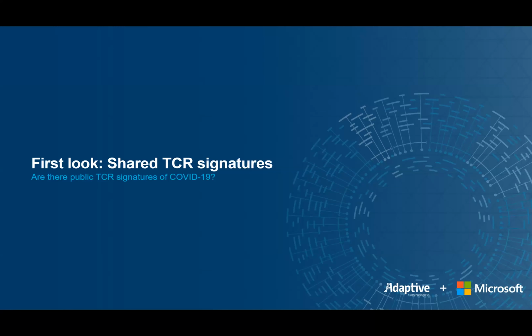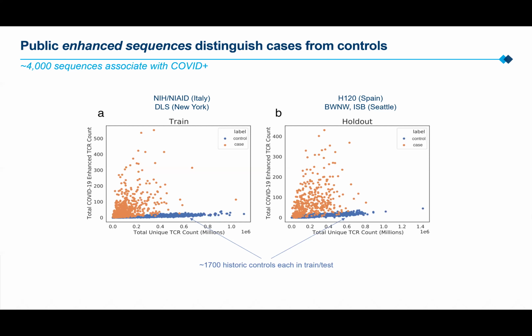On the shared T cell receptor side, the question here is whether we can identify signatures, really public T cell receptor clones that associate with COVID-19 disease across these different cohorts that span really Europe and North America at this point. So perhaps the simplest way we can look at this is with these enhanced sequence plots.